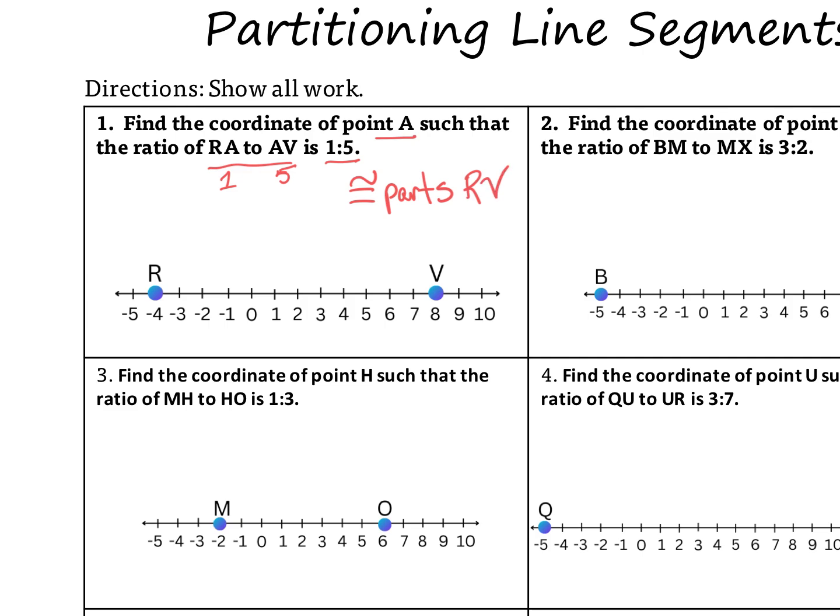All right, and if you said 6, that is correct, because I just add the ratio to get the total number of congruent pieces. Well, now I need to determine the total length. And -4 to 8 is a length of 12.